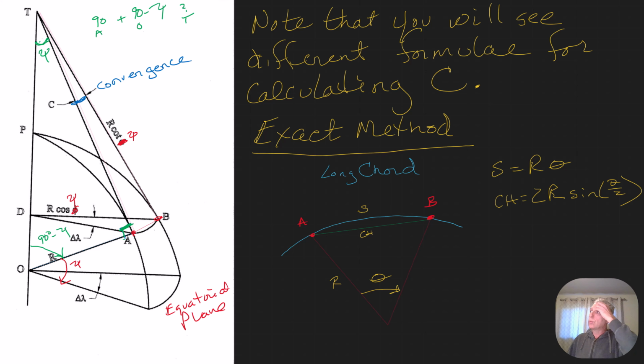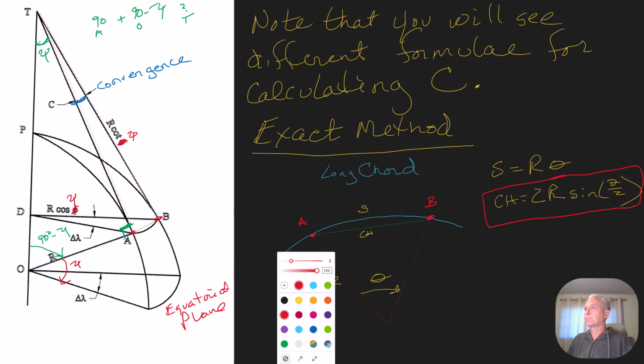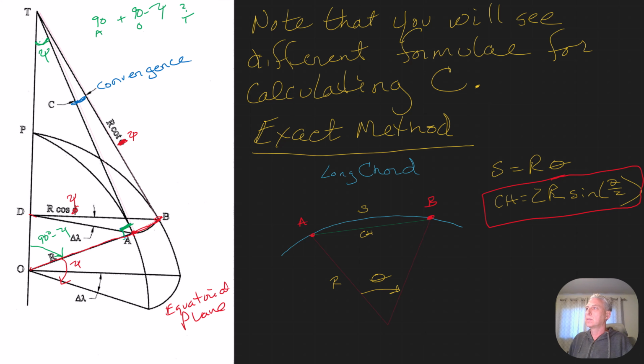We can use this formula to develop an equality from our diagram. So if you look, we have two triangles here. We have the triangle of O, A, and then back to B, and then back to O. So that's one triangle.